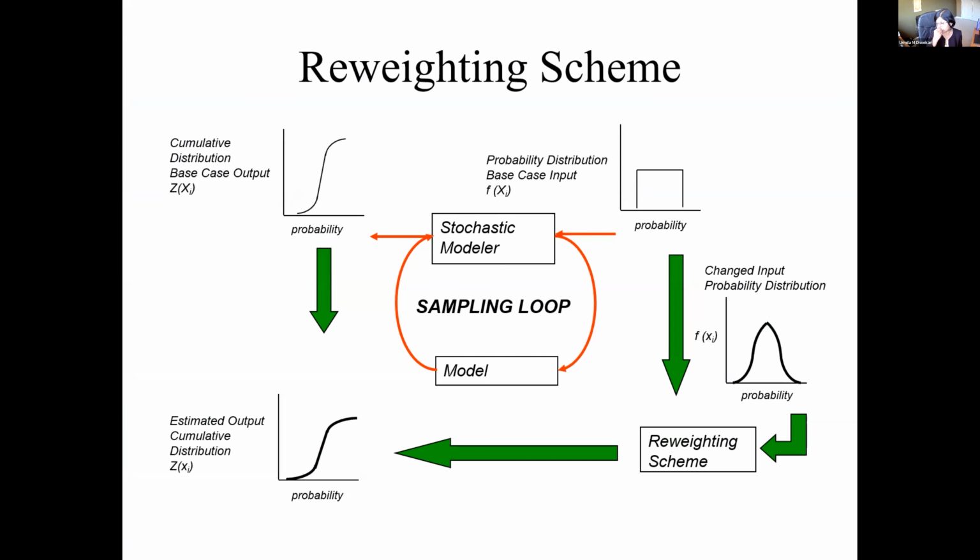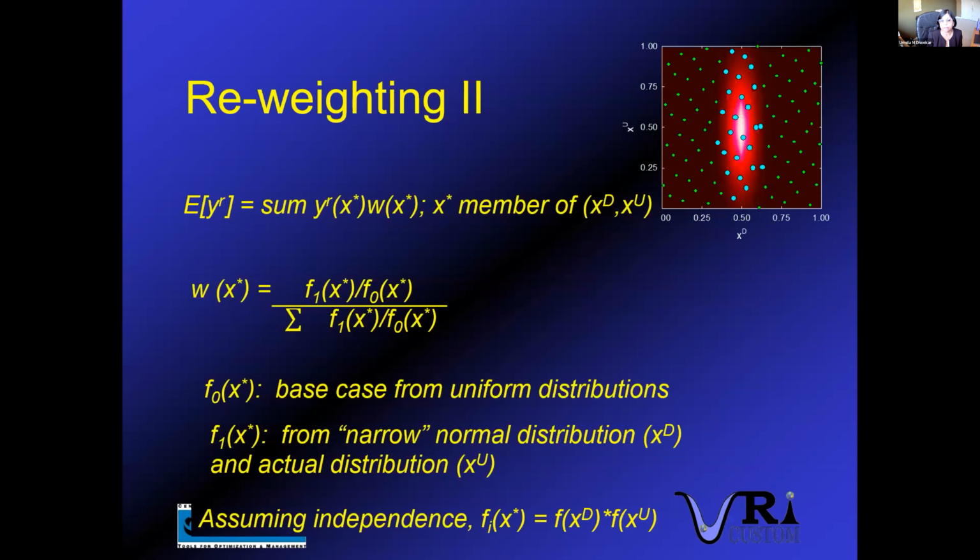You can use the probability distribution of the base case, the probability function of the changed distribution, and the base case output distribution, to get the probability distribution of the new output distribution. So if you know this formula, you don't have to go through the model sampling loop again. So we use it.